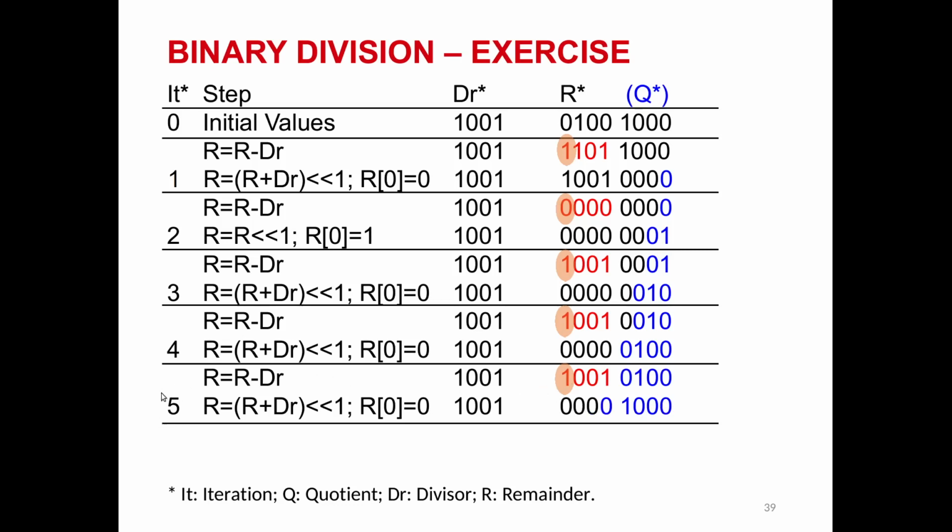For equation 5, we know it is the last because we have only 4 bits of divisor, and so we need 5 iterations only, and so our work will stop here, and the result is 1000, which is 8 in decimal, and it is the value of 72 divided by 9.